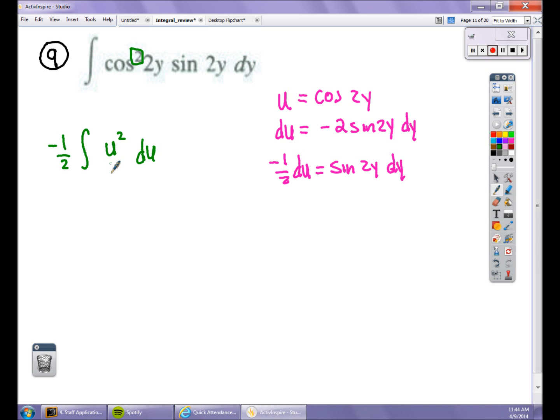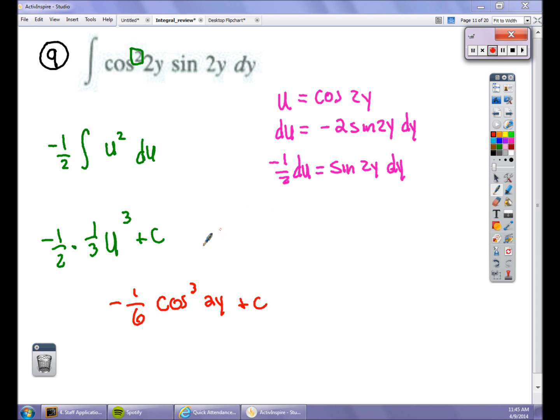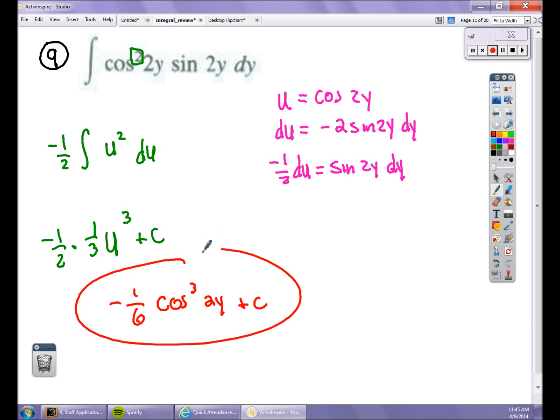Add 1 to the exponent, divide by that, don't forget about your negative 1/2, back substitute for u, and you're finished. Your final answer, if it's u cubed, we're swapping that out with cosine of 2y, making it cosine cubed of 2y. We are not cubing the 2y, we're cubing the trig function cosine.